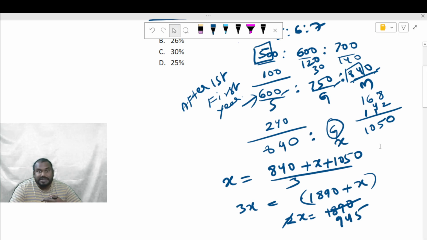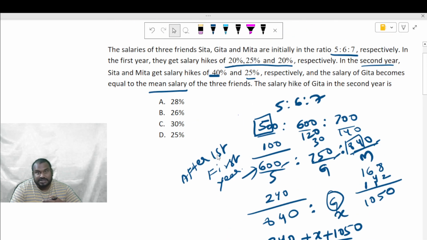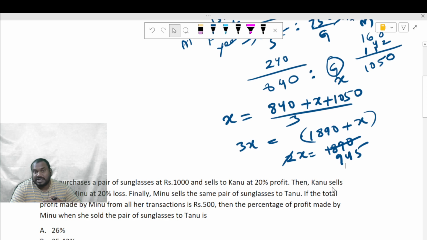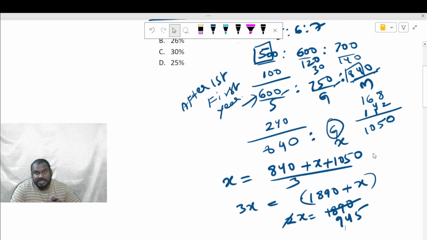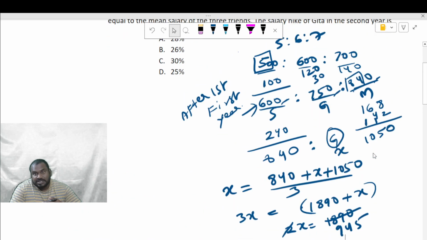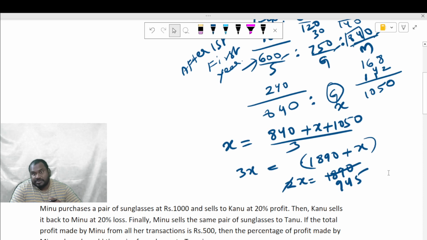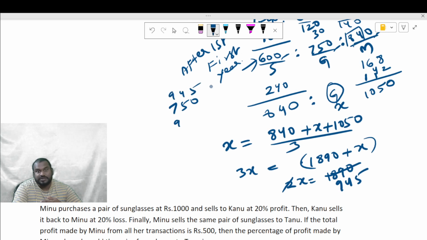But you want the percentage. What percentage? The salary hike in the second year is what you want. After the first year she got how much salary? 750. So from 750 to 945, what is the difference? 195.